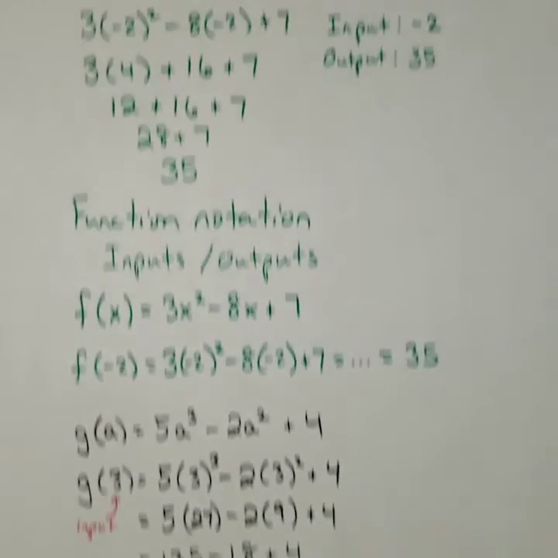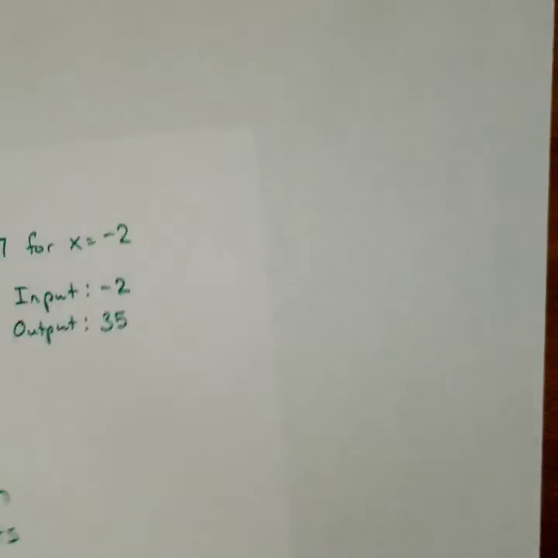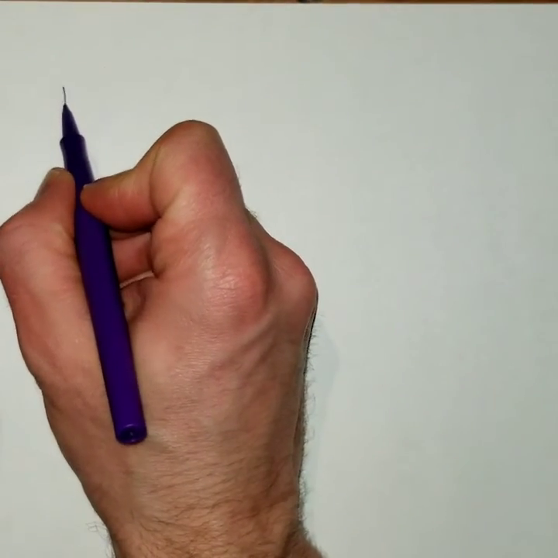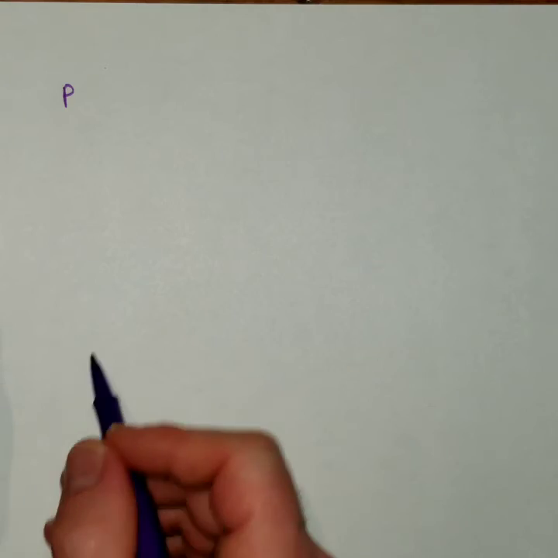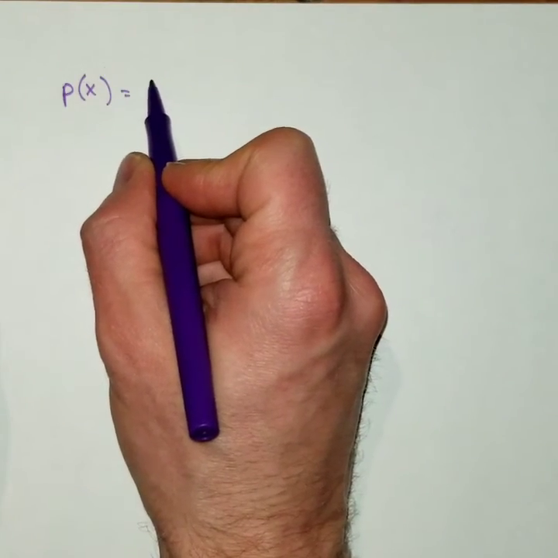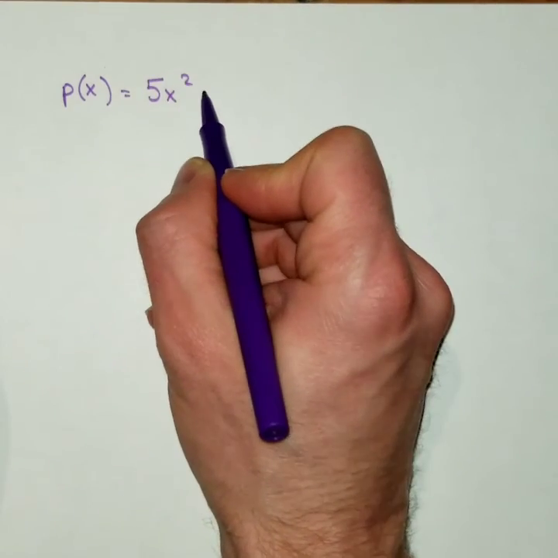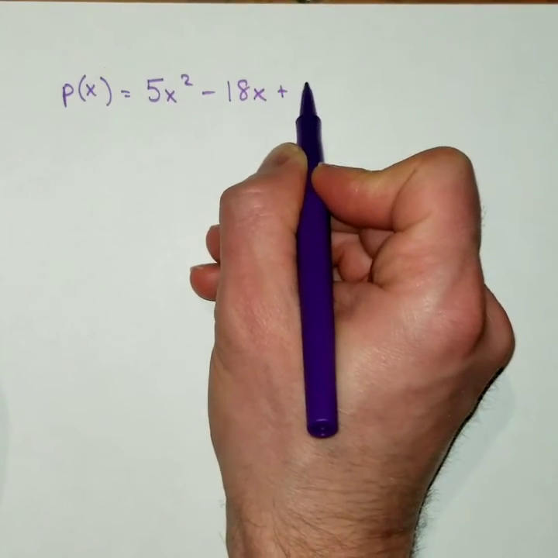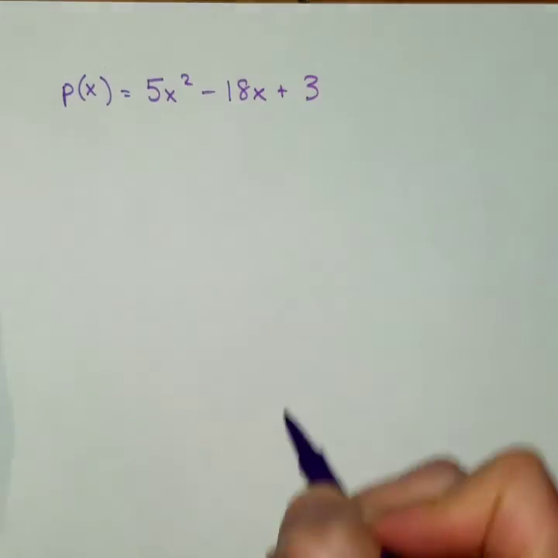Okay, now you could get a little bit more complicated with these, and you could have inputs that are new variables or new expressions. So let's do something like p. Let's go with a p for polynomial. p of x equals, let's do 5x squared minus 18x plus 3.